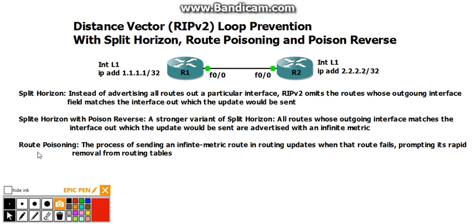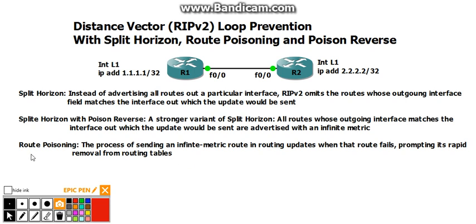I'm going to skip down to route poisoning. The process of sending an infinite metric route in routing updates when the route fails. So I'm going to tear down interface loopback 1, and we'll see R1 poison this route to R2. Route poisoning prompts a rapid removal from routing updates.